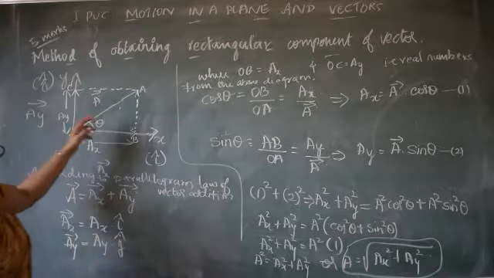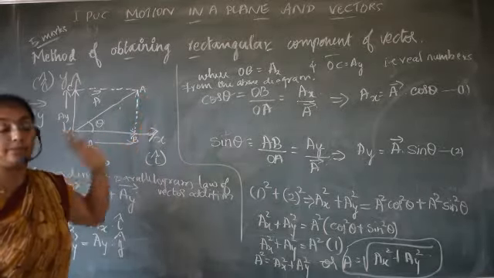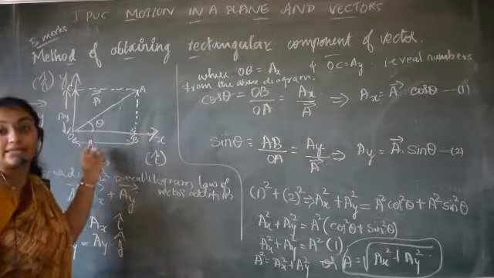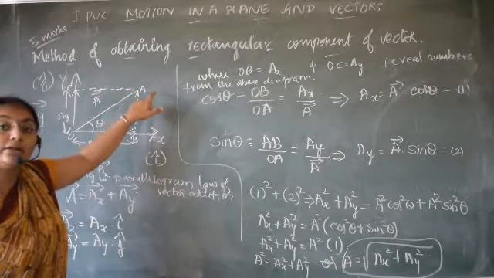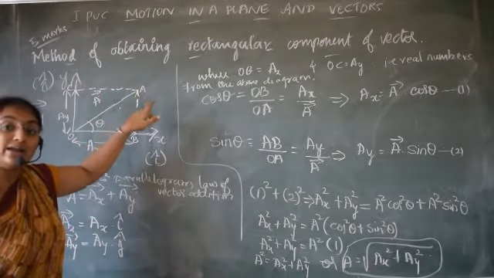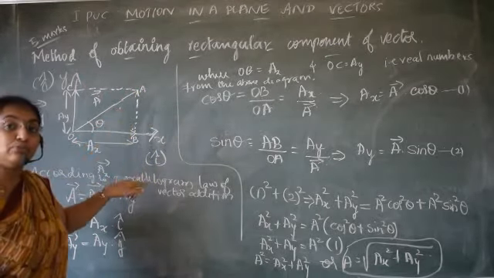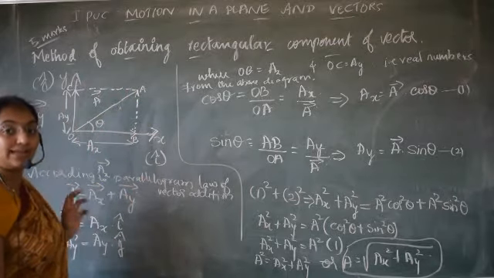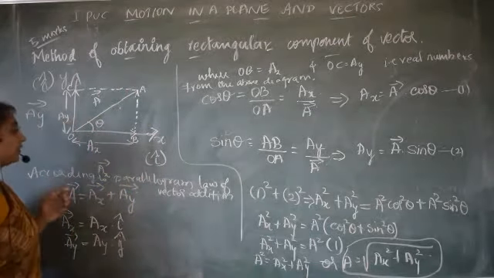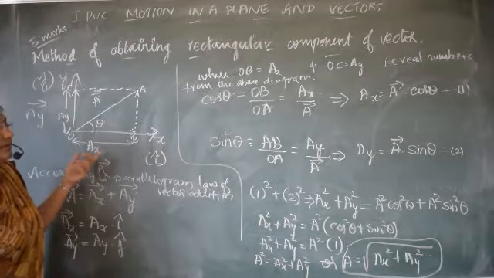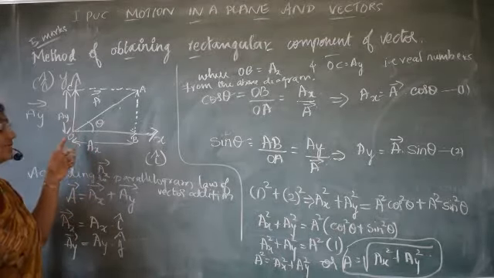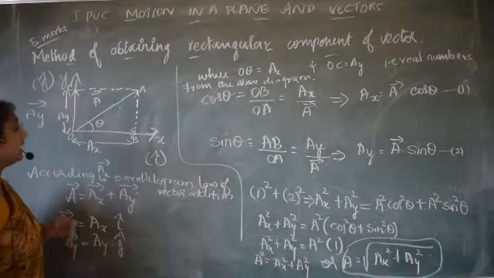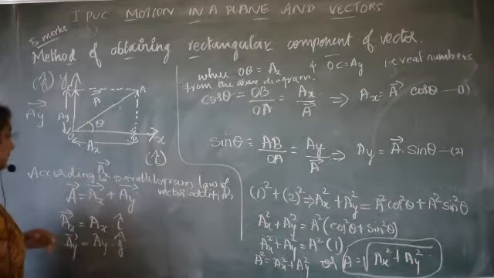Let us consider a vector A lying in the xy plane. We will draw a perpendicular line from the head of vector A to both the x-axis and y-axis. Okay, we have drawn it. Then OB is equal to AX and OC is equal to AY, which is nothing but a real number.